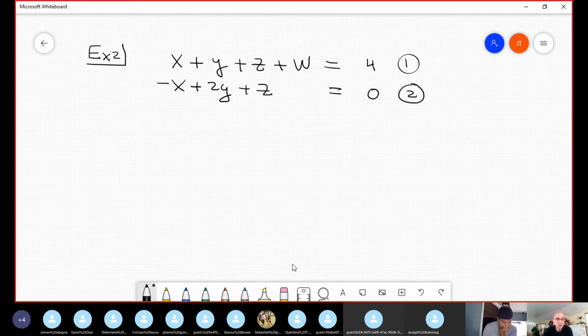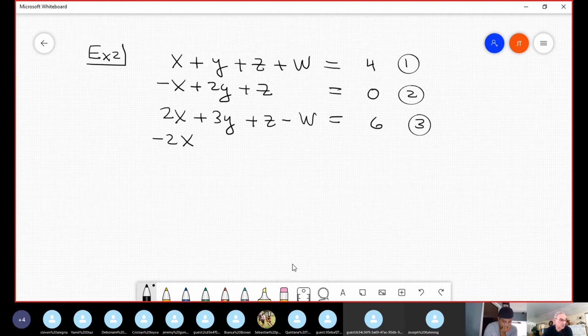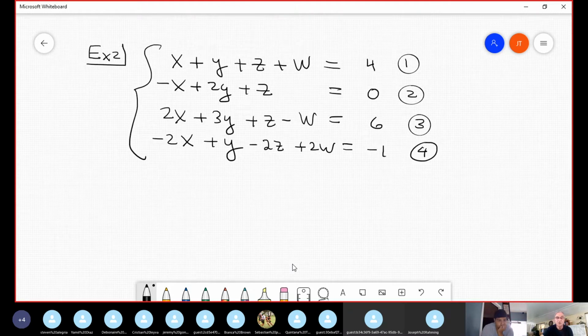Equation 2. 2x plus 3y plus z minus w equal 6. Equation 3. And minus 2x plus y minus 2z plus 2w equal negative 1. Okay, we have the system that contains 4 equations and 4 unknowns.